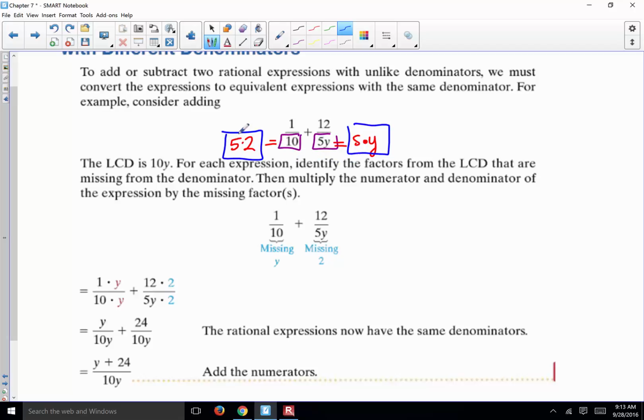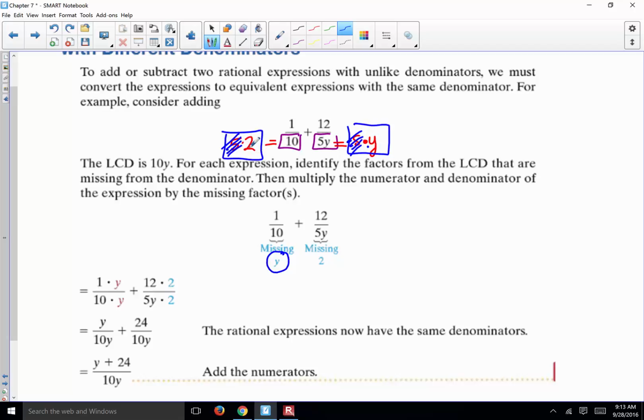We already have 5's matching, but this side has an extra 2 which is absent on the right, and on the right you have a y extra which is absent on the left. So I covered what's matching already.